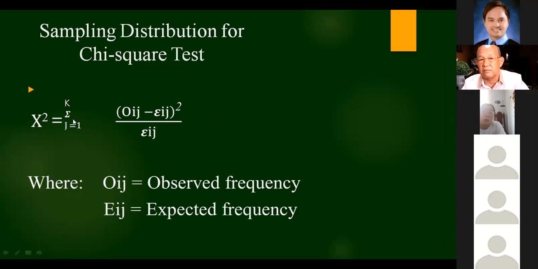Chi-square is equal to the summation, over all categories or entries one at a time, of O_ij, the observed frequency, minus E_ij, the expected frequency, squared, over E_ij. Straightforward. So it's easy, no?